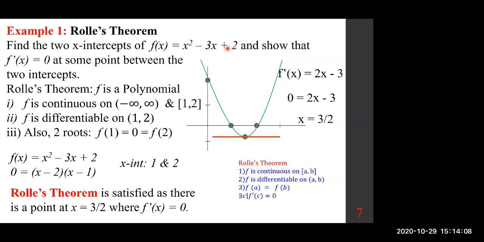So it's continuous and differentiable everywhere, including 1 and 2. Why 1 and 2? Because the intercepts happen to be at 1 and 2. So the first one works, the second one works, and because there are two intercepts, the third one works. Then you find f prime, you set it equal to 0, and this number must be between 1 and 2, and you can see that.